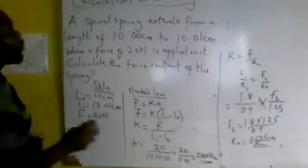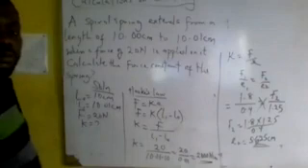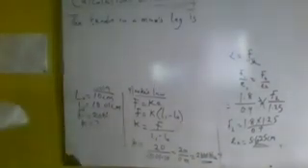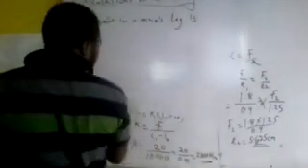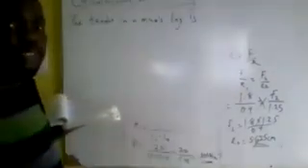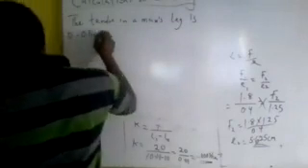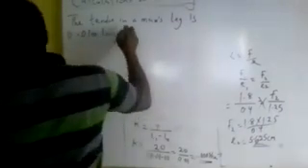All right, so let's drop this now. The tendon in the man's leg is 0.01 meters long. So that is the length.